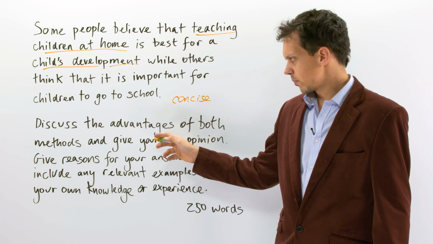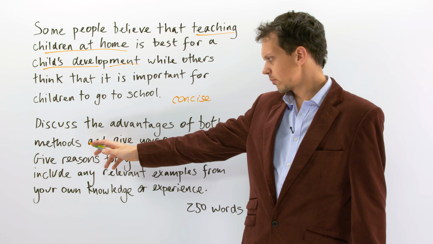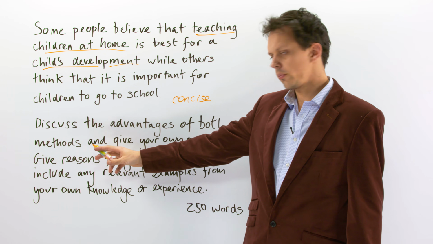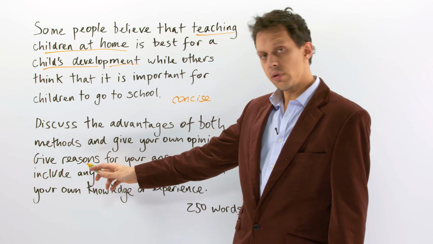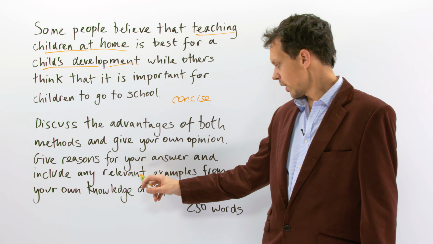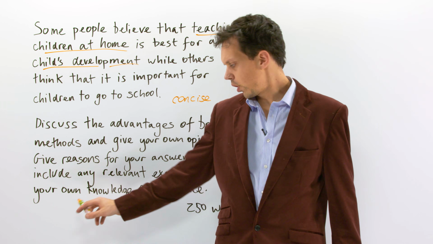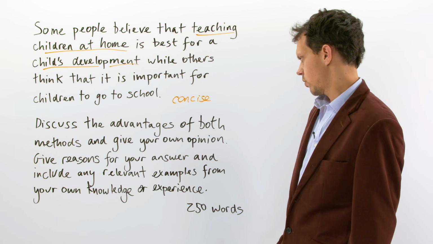What do I need to do? Discuss the advantages of both methods, so that's going to school or not going to school, and give your own opinion. Give reasons for your answer and include any relevant examples from your own knowledge or experience. Okay.